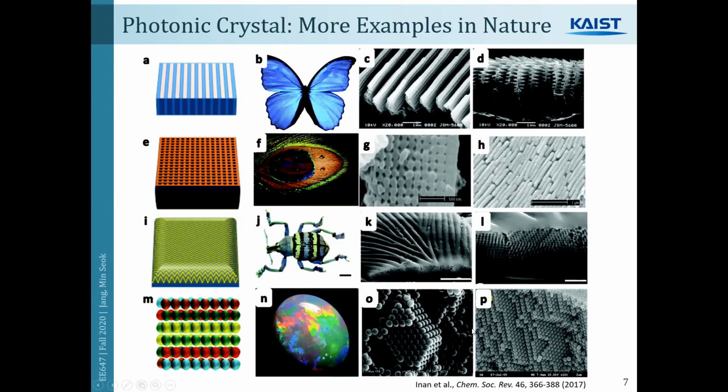If you look closer using an SEM electron micrograph, it has a periodic structure, as you can see, and because of this periodic structure, the opal shows this mysterious color variation depending on the angle.